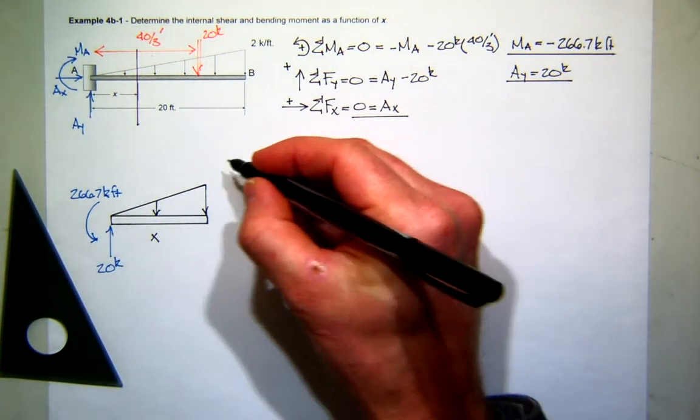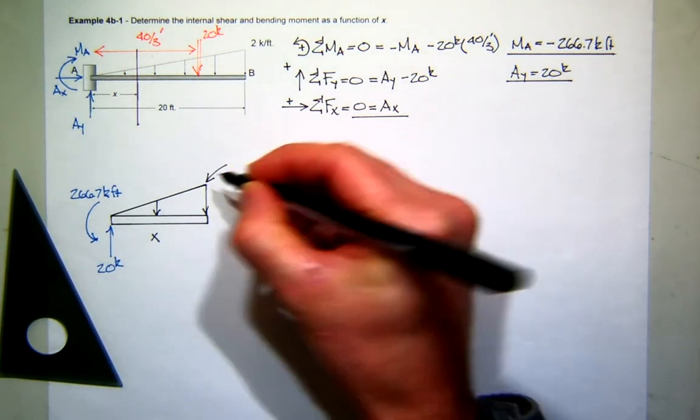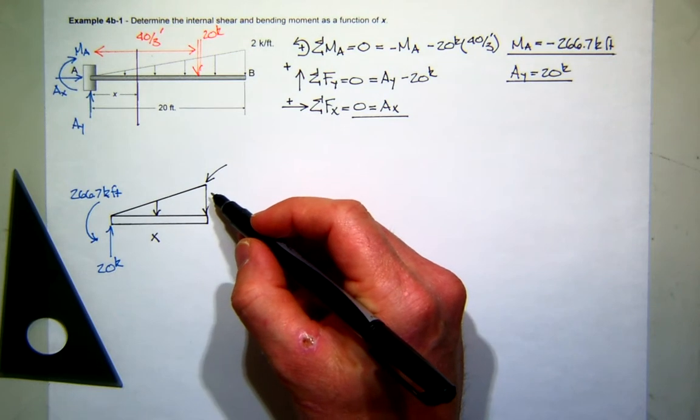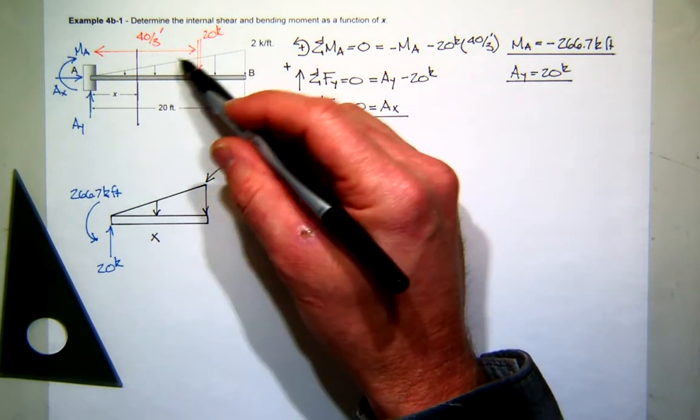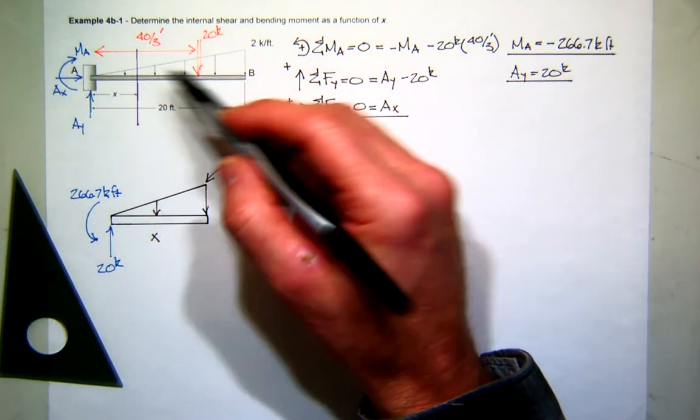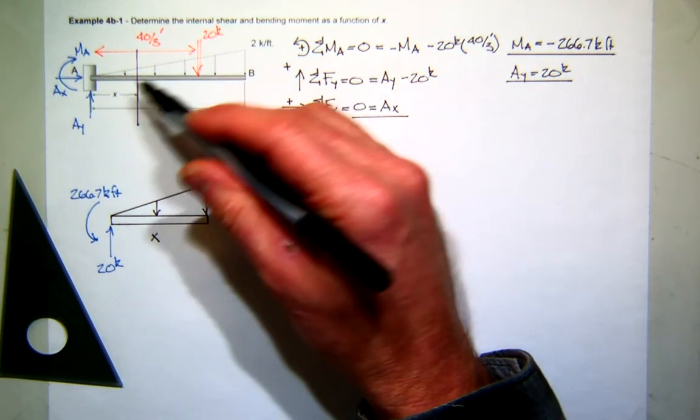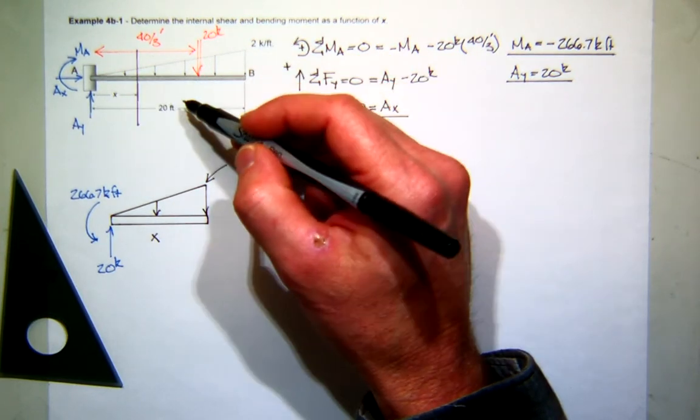So based on that, what's the intensity of my load right here? What's the slope of the line? Rise over run, right? So 2 divided by 20 is 1/10.